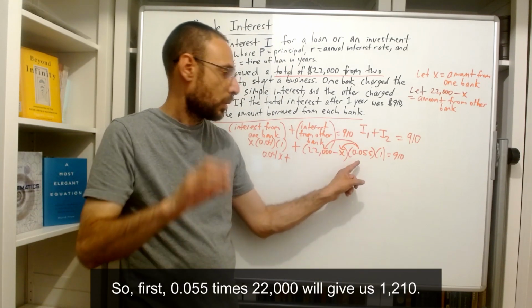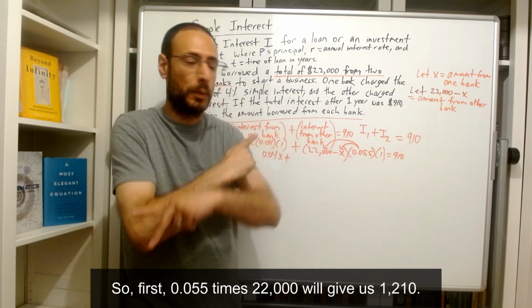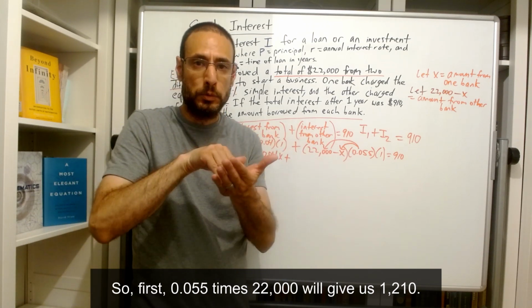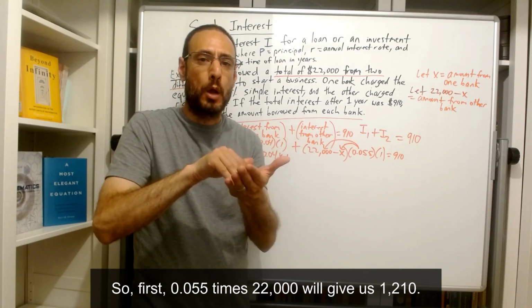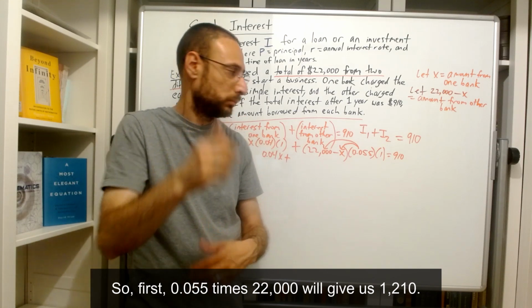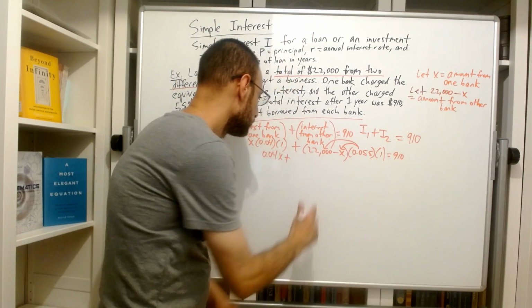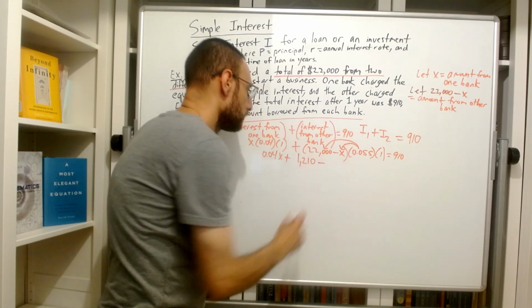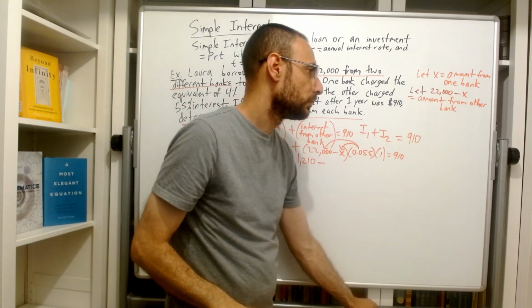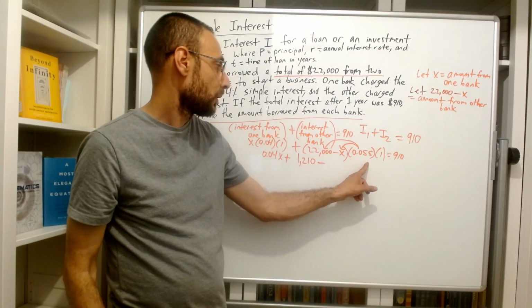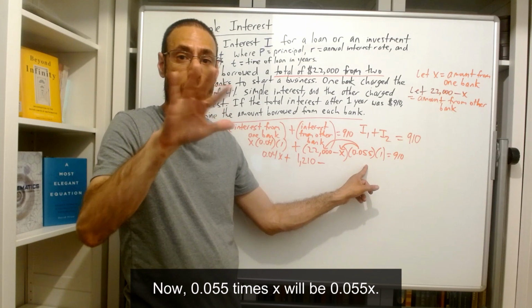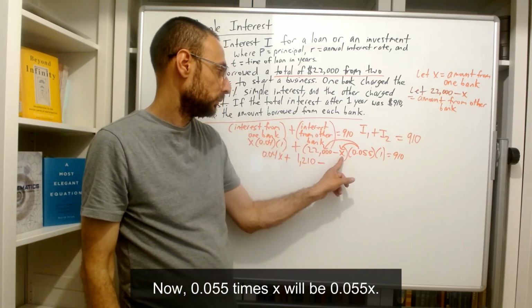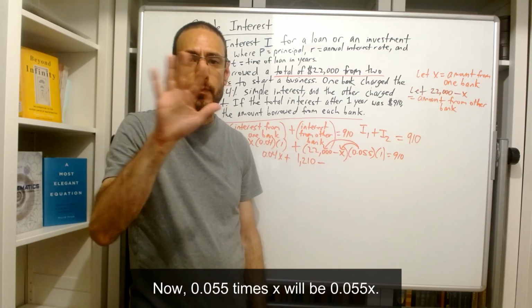So, first, 0.055 times 22,000 will give us 1,210. Now, 0.055 times x will be 0.055x.